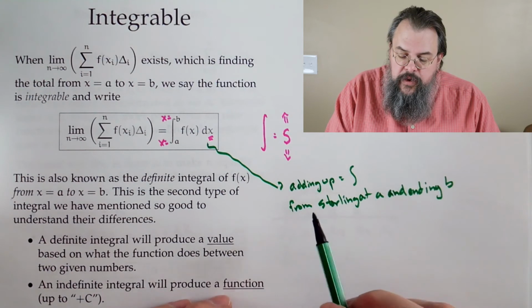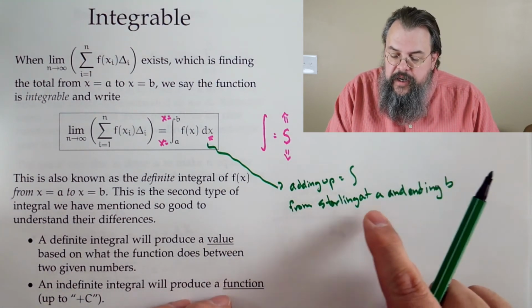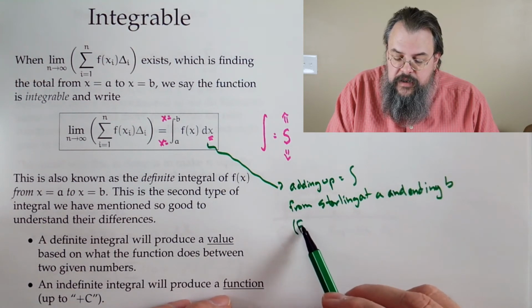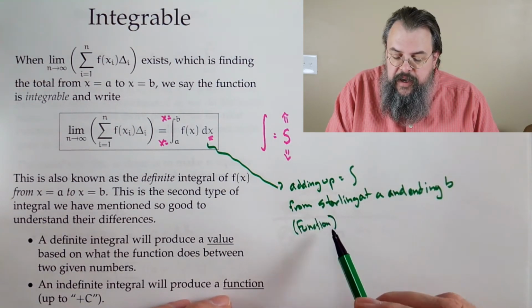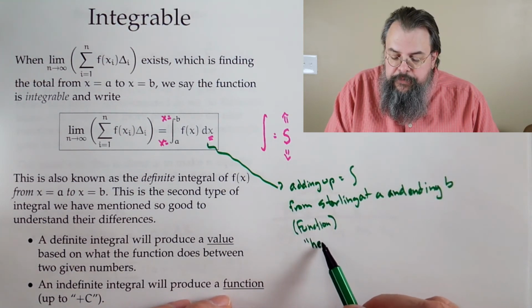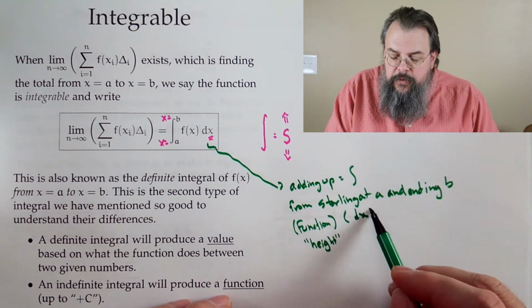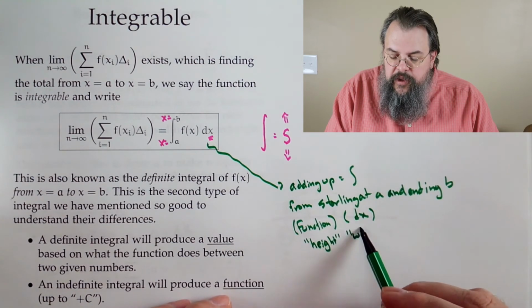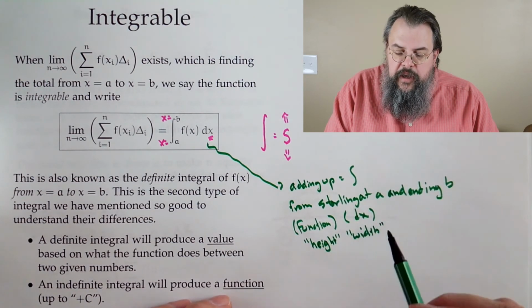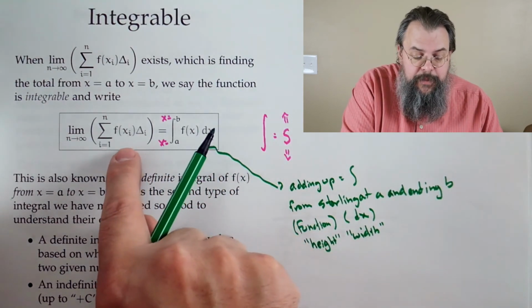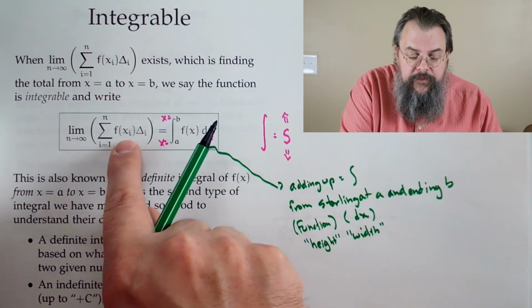Then it's our function, which we can think of as our height, and then it's our dx, which we can think of as our width. So I'm adding up little pieces of area, because it's height times width.